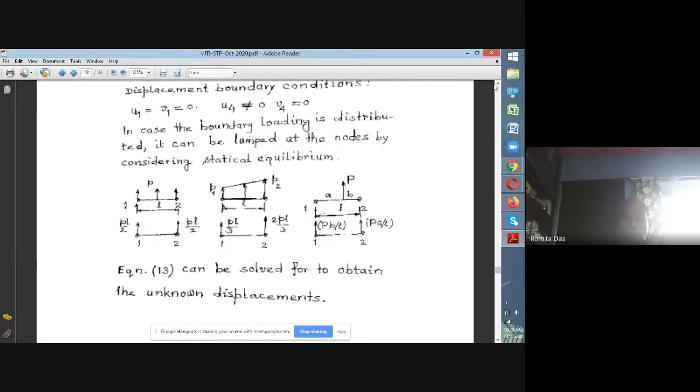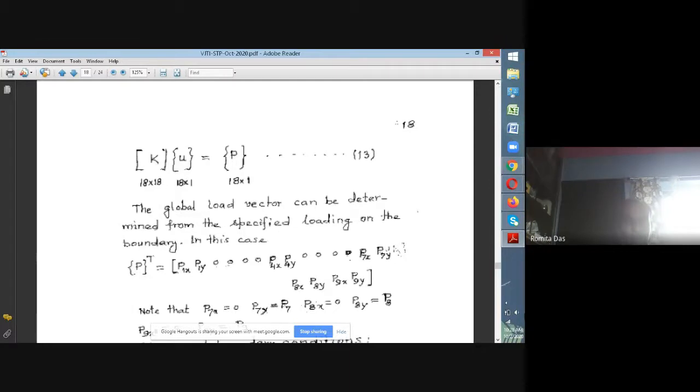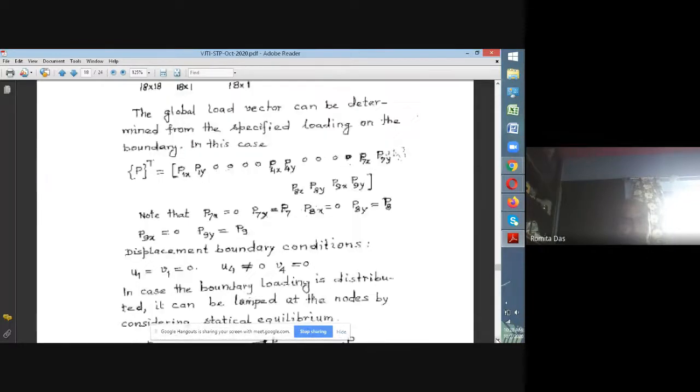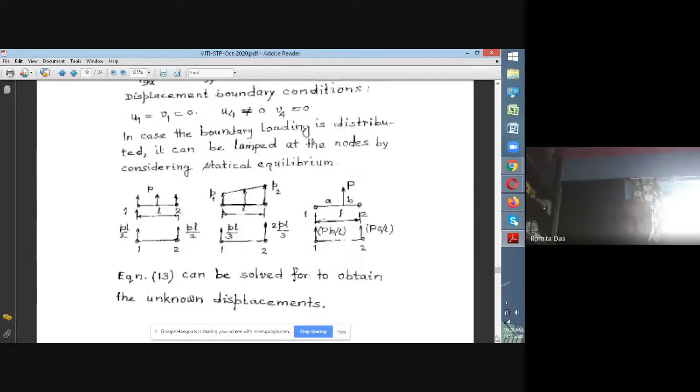Now, the global load vector that I was talking about, how do you construct it? Some thinking must be given to this, so this is what I want to illustrate. Suppose you don't have a specific load specified at a particular point, then how do you determine the nodal loads?